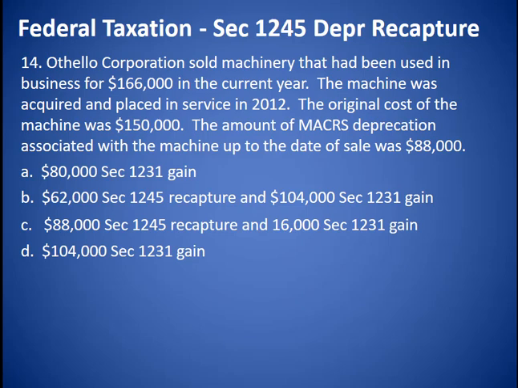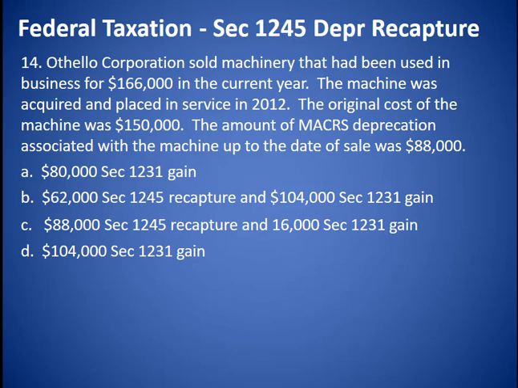Original cost of the machine was $150,000. The amount of MACRS depreciation associated with the machine up to the date of sale was $88,000. So the question is, what is the character of this particular gain?